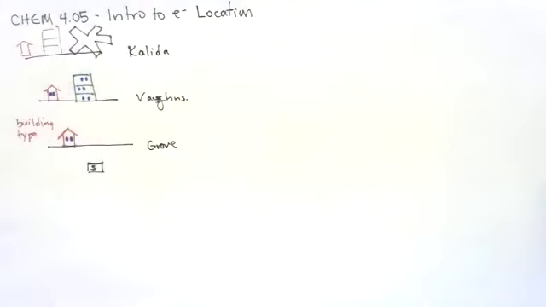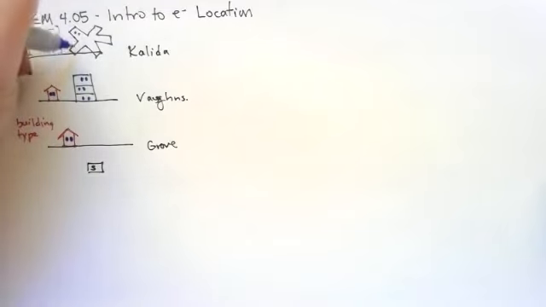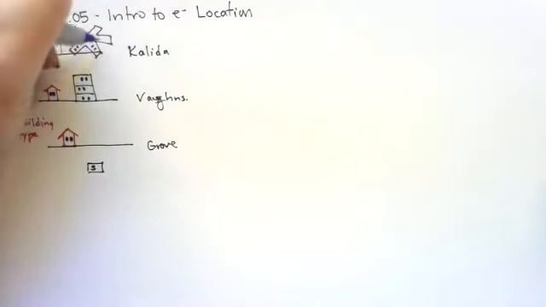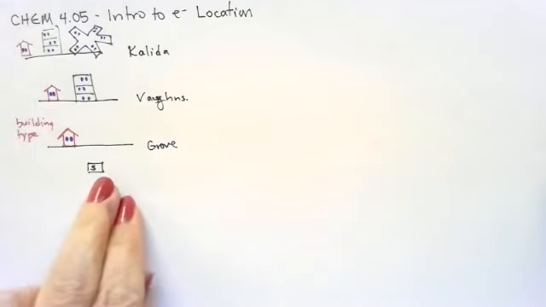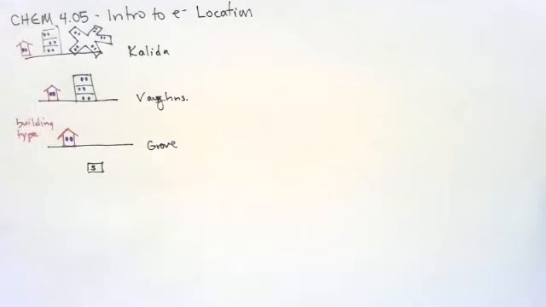Let's say the Kalida Meadows has 5 wings, again 2 people per floor, per wing. So as we get further away from the school, things get a little more complicated.